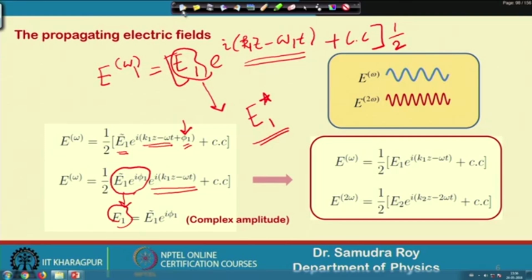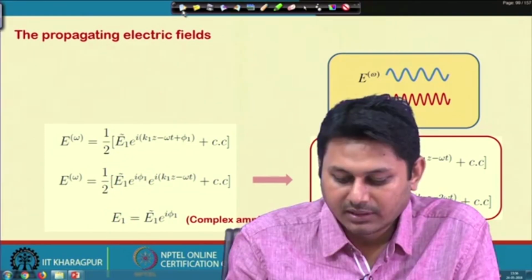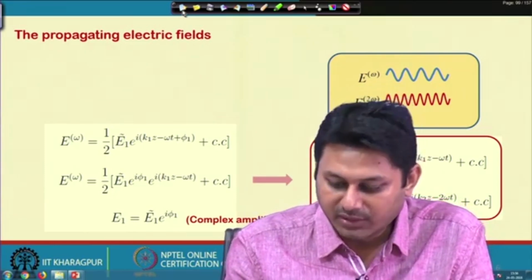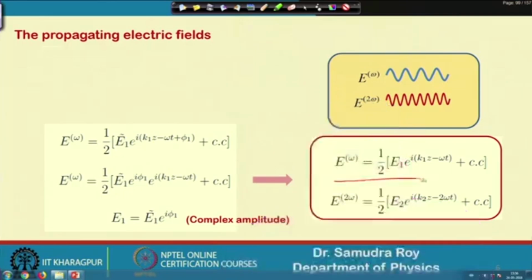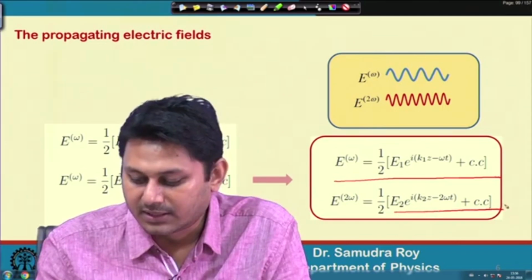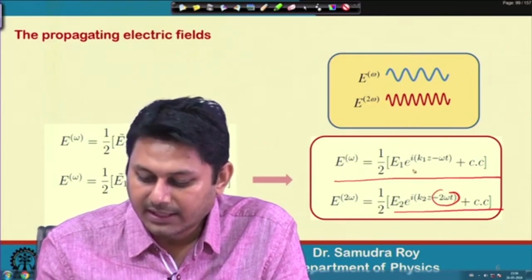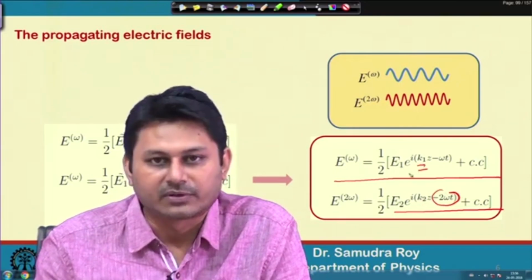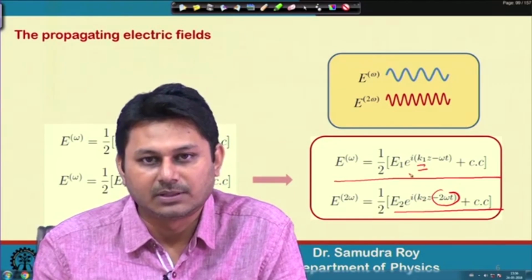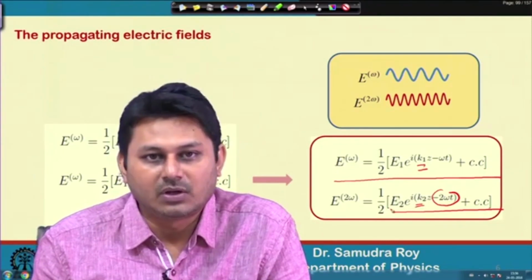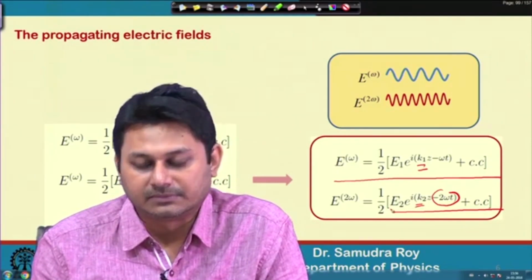So, the simple question here is how to find out what my E omega and E 2 omega are. In the slide we can find that E omega is nothing but E1 e to the power i(k1 z minus omega t), and E 2 omega is E2 e to the power i(k2 z minus 2 omega t), because this is 2 omega, which is why the 2 omega frequency is there. k1 is the propagation constant for the frequency component omega, the fundamental wave, and k2 is for the second harmonic.